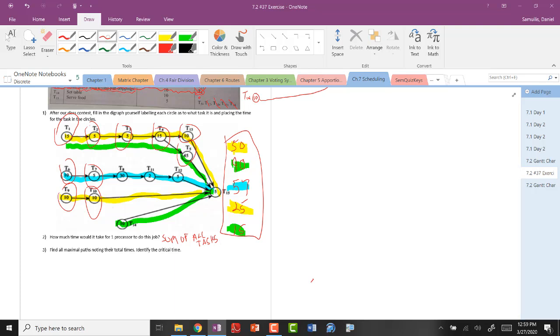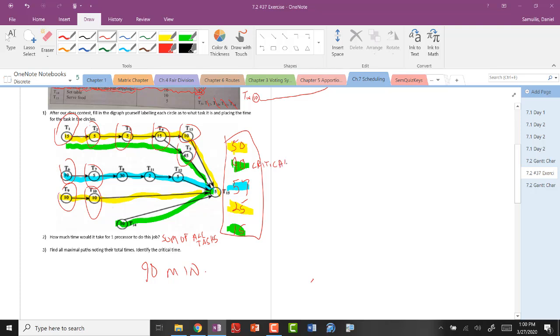But if you had quite a few processors, the idea is this could get done in 90 minutes. If you efficiently assign tasks and you have enough processors that once one task opens, the next one is allowed, and then we could get someone working on it right away. That's why this is called the critical time.